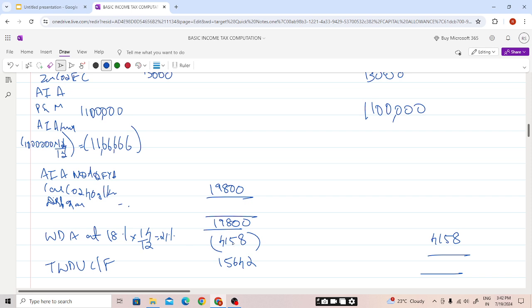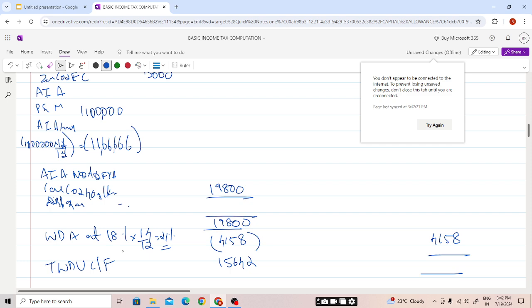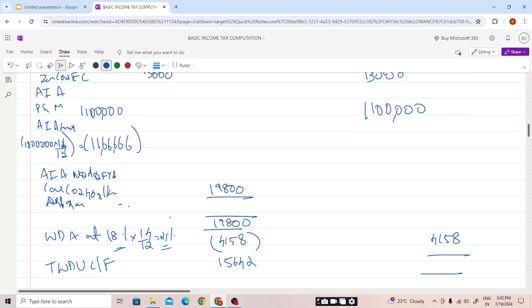Either you can calculate 18% for 12 months and increase it, or you can increase the percentage only. I hope this is clear, students. For long and short periods of account, we need to adjust the AIA limit and WDA percentage, because capital allowance is calculated as per the period of accounts, and the AIA limit is only for 12 months and the WDA percentage is also for 12 months.